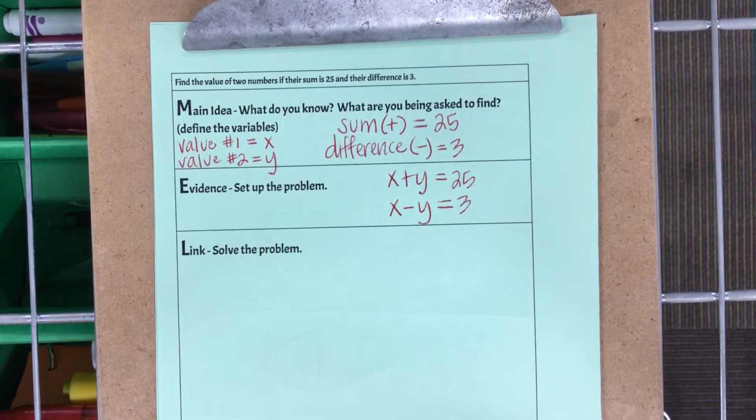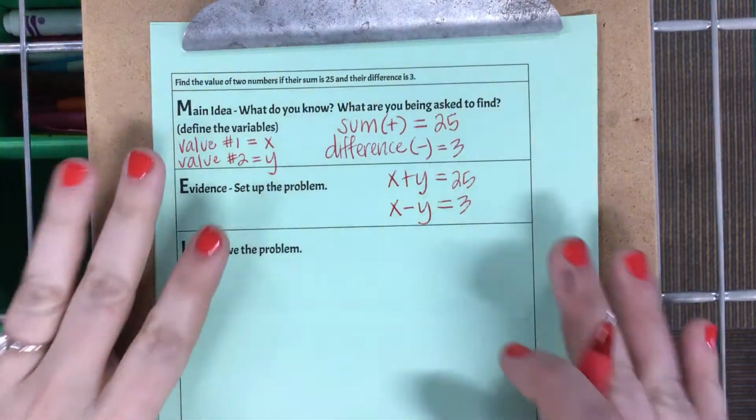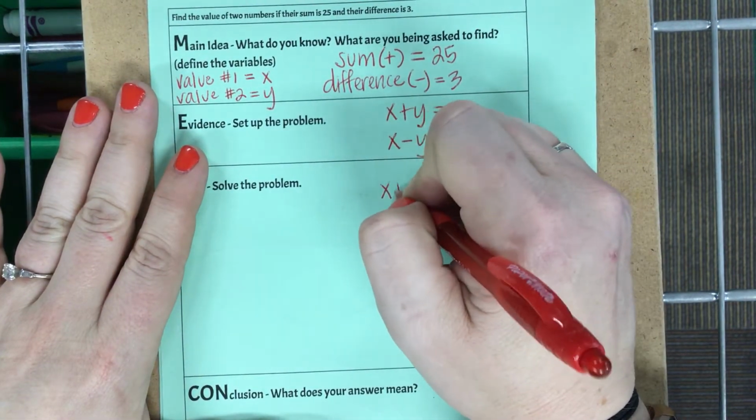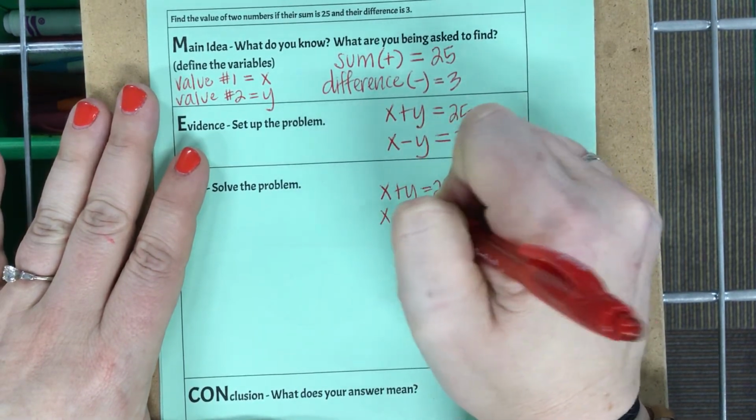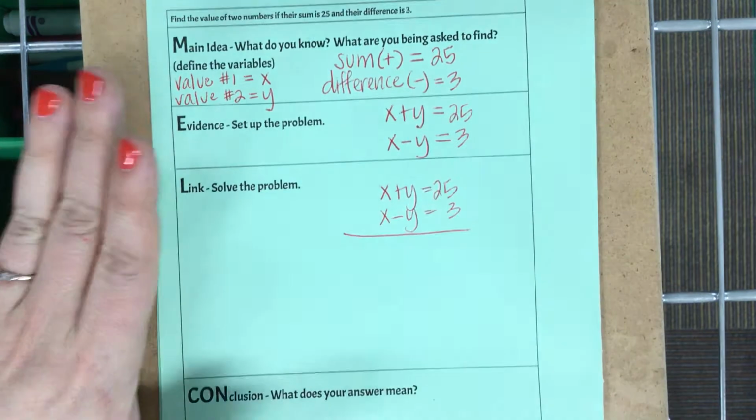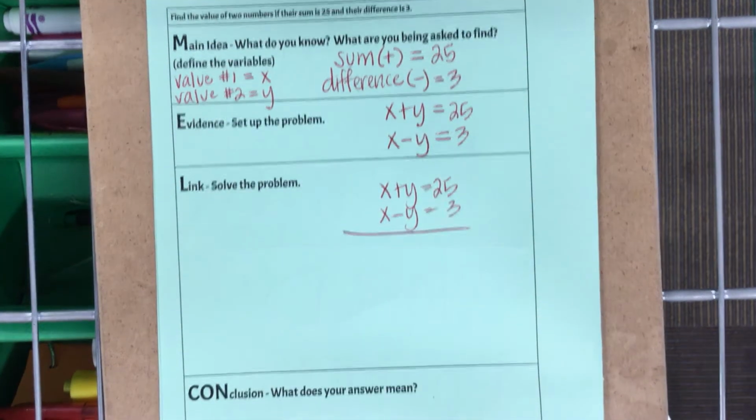Now we're going to link, which means we're going to use the problem that we did to get to the answer. How do you want to solve this problem? x plus y equals 25. How should we solve this system? Would you like to graph it?